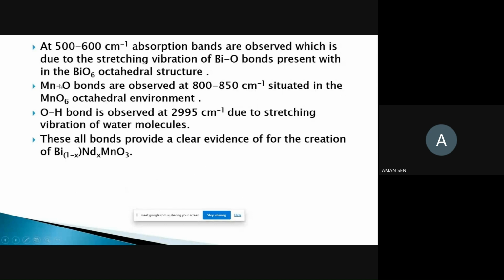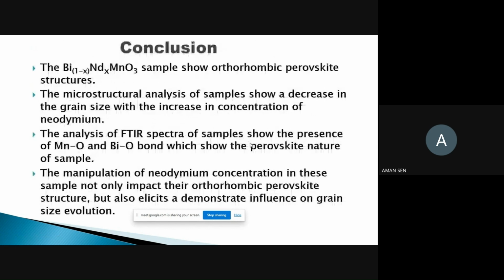We also observed the Mn-O bond at 800 to 850 cm-1 wave number, and the OH bond at around 2995. All these bonds provide clear evidence that our sample is formed.